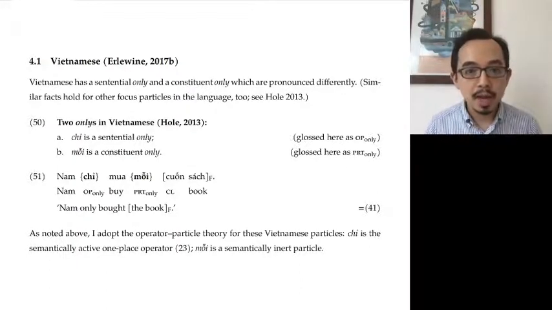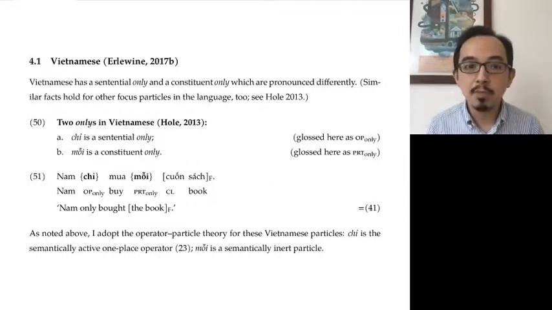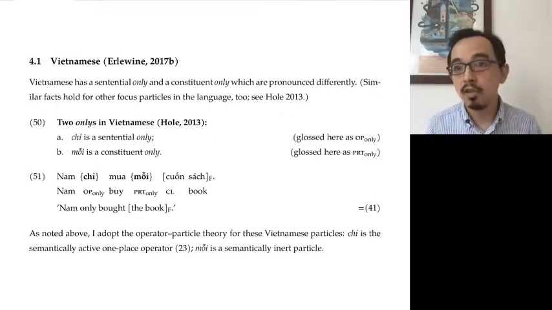So again, example 51 is repeated from above. To express 'Nam only bought the book,' you can say Nam chỉ mua quyển sách or Nam mua mới quyển sách. But interestingly, you can also say Nam chỉ mua mới quyển sách. And that also means the same thing, that all of those can mean 'Nam only bought the book.'